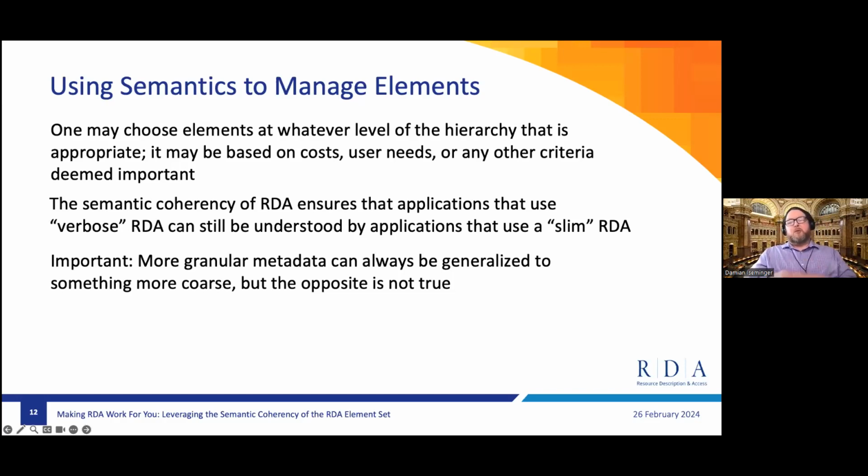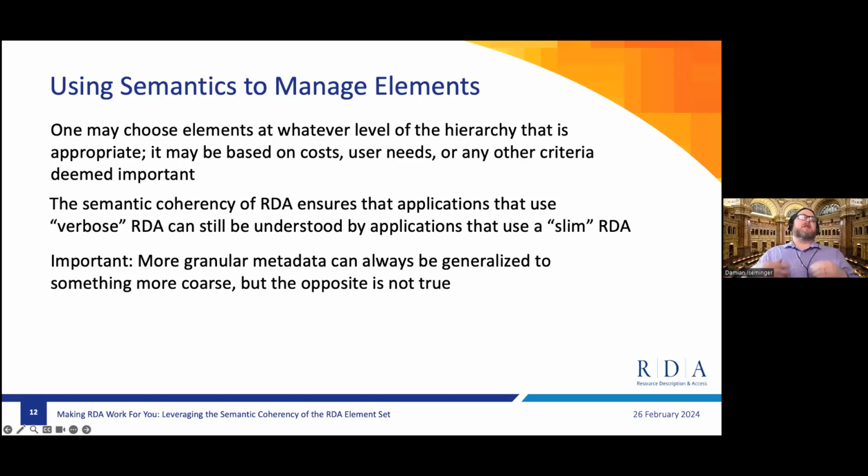Now, the important caveat to all of this is that more granular metadata can always be generalized to something more coarse. That means we can go from the more specific up the hierarchy, no problem. The thing is that if you start off coarse, you cannot get more granular. In other words, the opposite is not true.